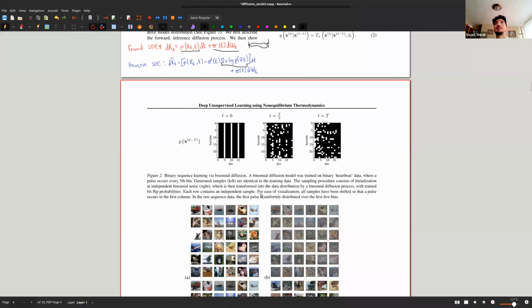Okay. Yes, it's because they say for ease of visualization, that's why they put it. All samples have been shifted so that a pulse occurs in the first column. So there's always going to be a pulse in the first column. But I don't understand why it maps to having a pulse in the first column. Maybe they keep that there, right?